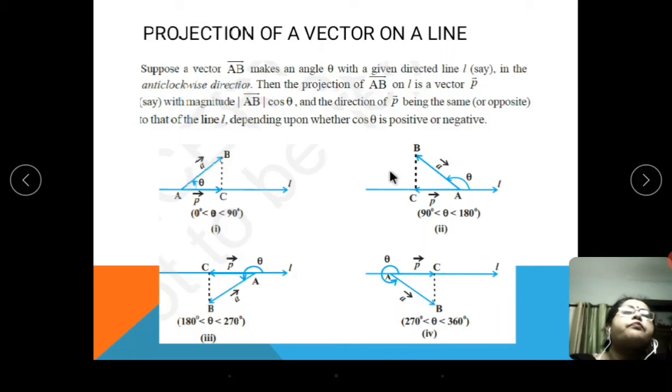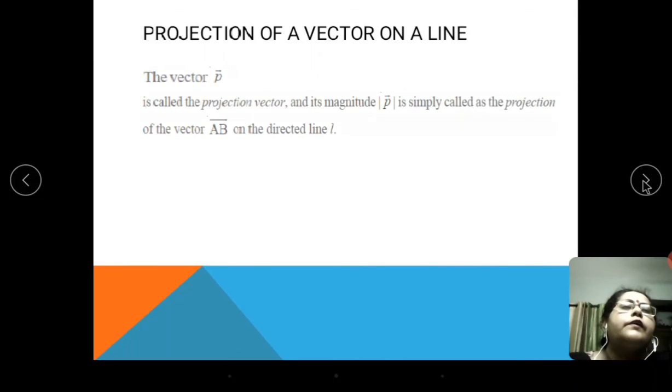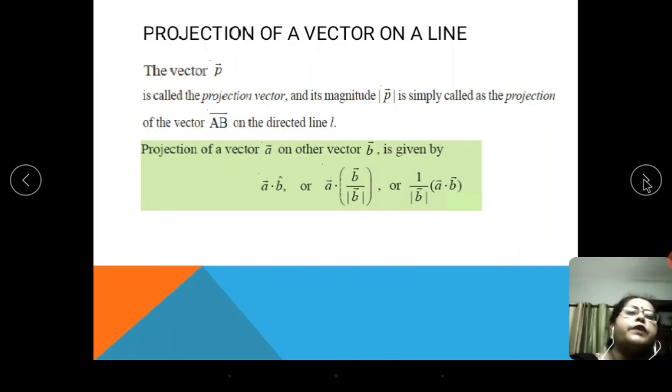And now, what is the value of this projection, or the magnitude of this projection? That is mod A cos theta. And if we remember now, our dot product A dot B is mod A mod B cos theta. So then of course I can write this as A dot B by mod B. Can't we?